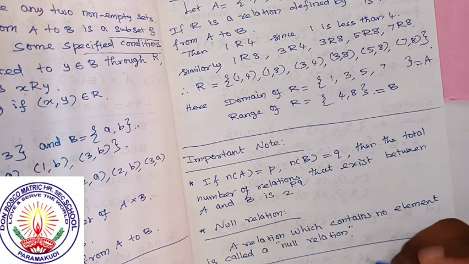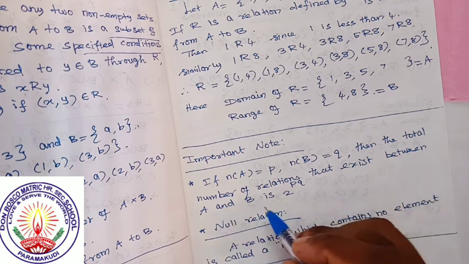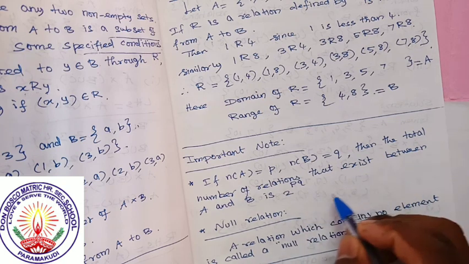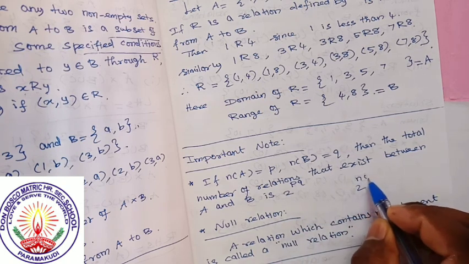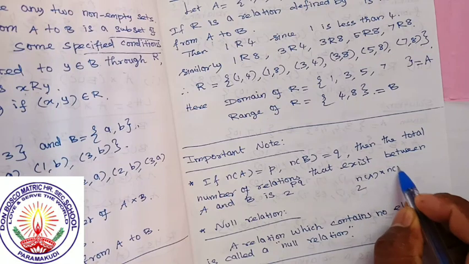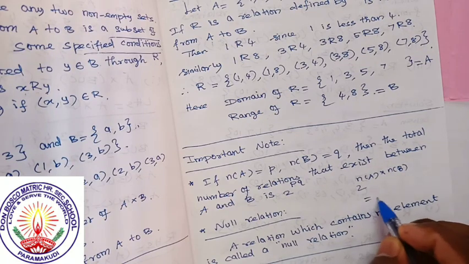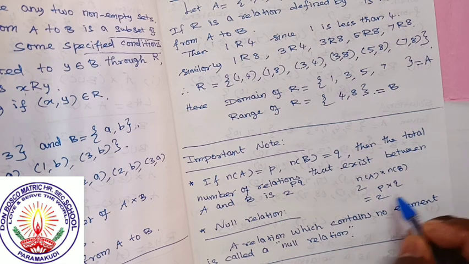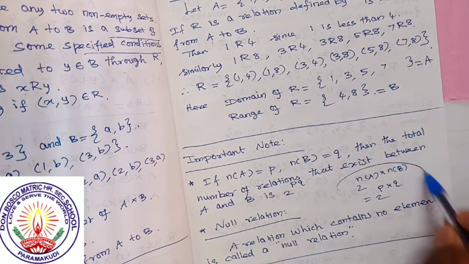In the last class, how many Cartesian products will be there? We discussed 2 power P into Q. The same case here. The number of relations means the number of subsets of the Cartesian product. It becomes 2 power n(A) into n(B), which is equal to 2 power P into Q. That is 2 power PQ.